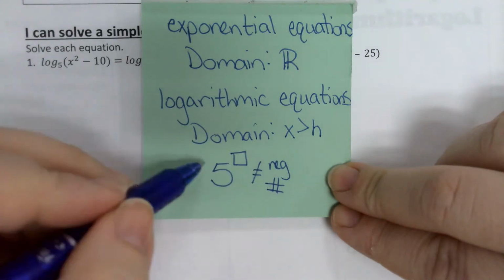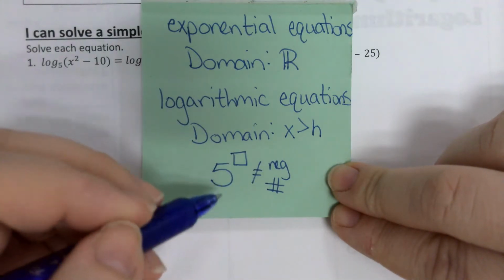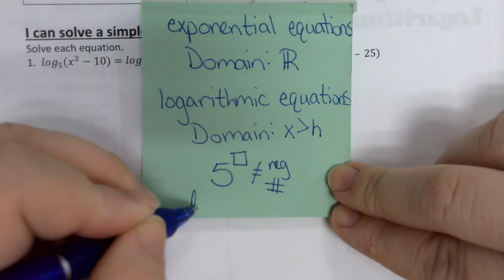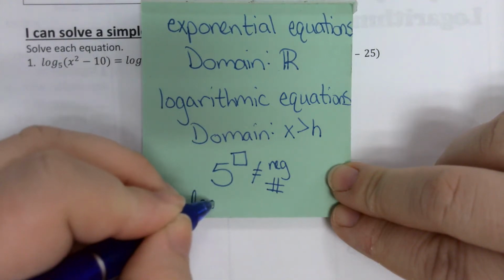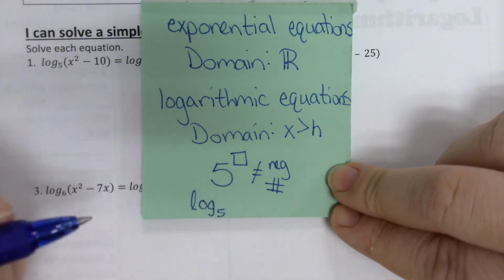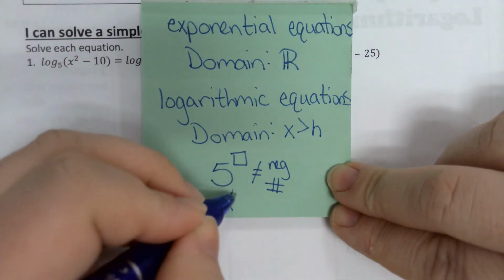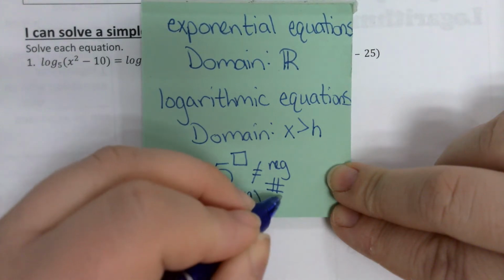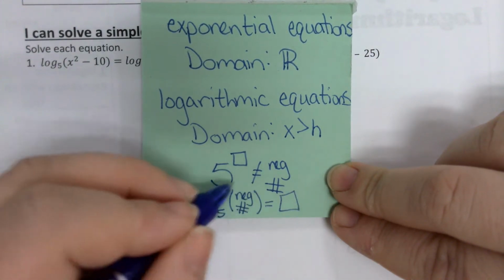And if you look at what this looks like as a logarithm, either by drawing your loop or just rewriting it using your base and what number you're trying to get to, we would have log base 5 of a negative number. And I refer to this as my of number.